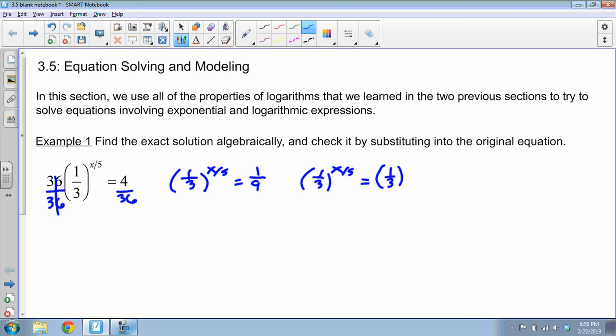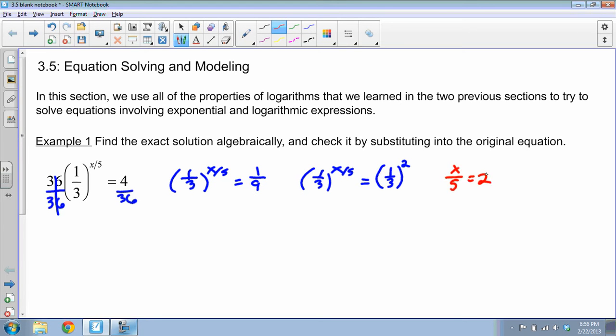And what power would that be? Well, we can square 1/3, and that would give us 1 squared over 3 squared, which is 1 over 9. And so there's a property where if I have 1/3 to some power equals 1/3 to some power, because the bases of those expressions are the same, we can just take the exponents and set them equal to each other.